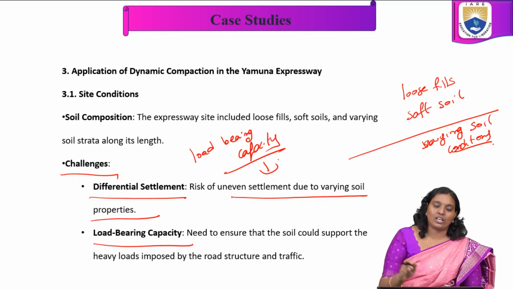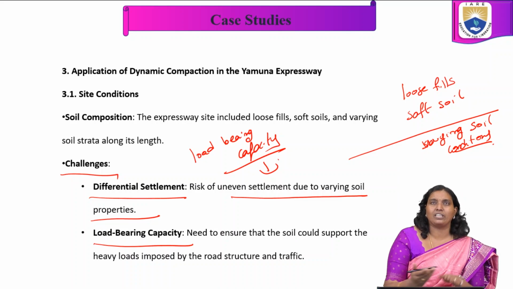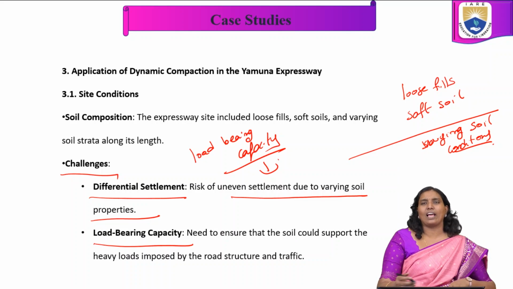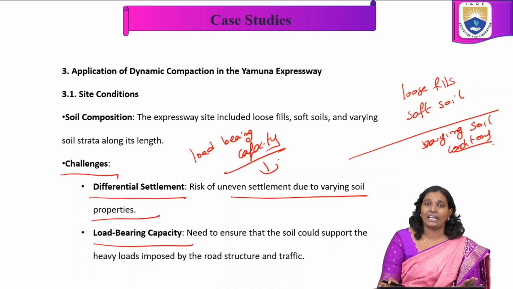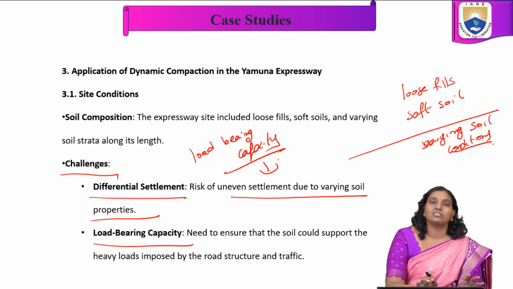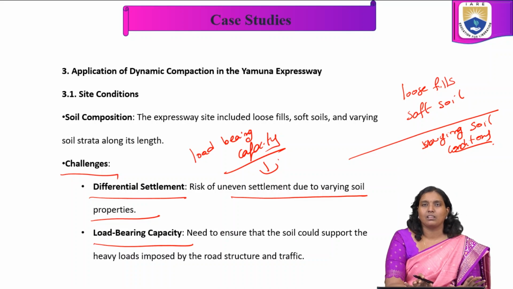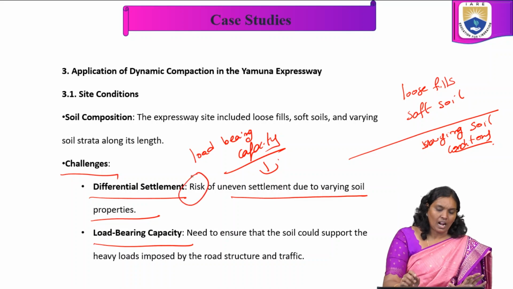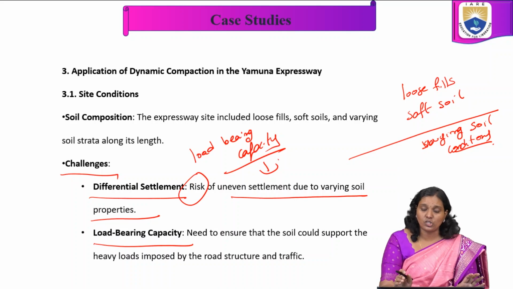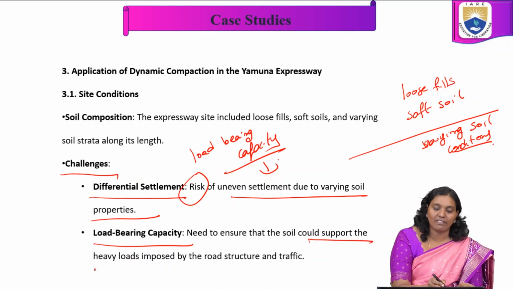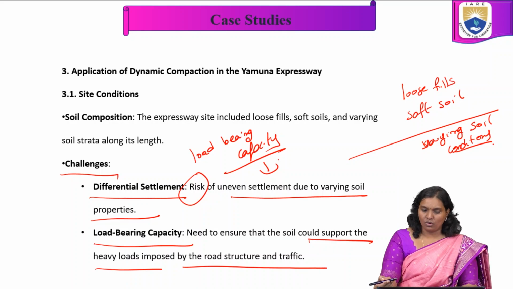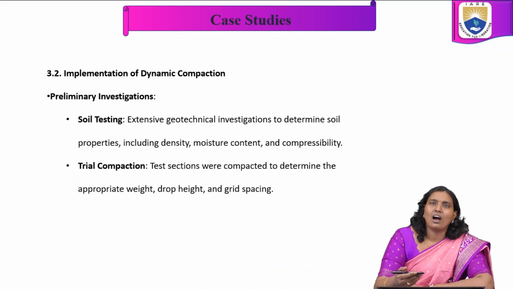Otherwise we are going to face differential settlements, and we will not be able to maintain the load bearing capacity of the soil because of this uneven settlement due to varying conditions. We also need to ensure that the soil can support the heavy loads imposed by the road structures and also the traffic. So we have to understand how we are implementing this dynamic compaction.